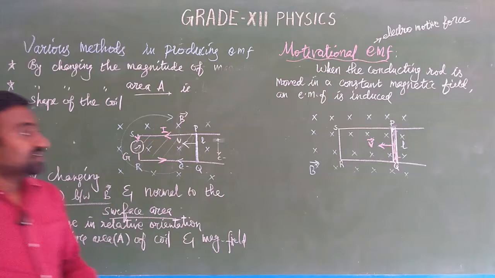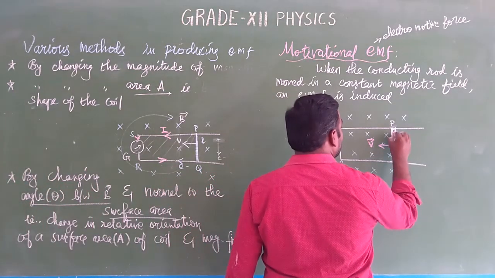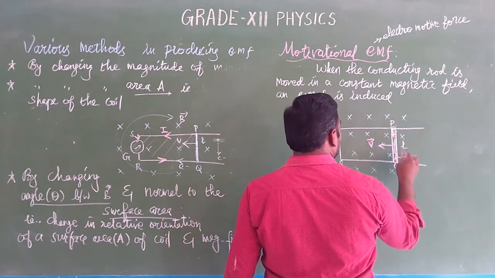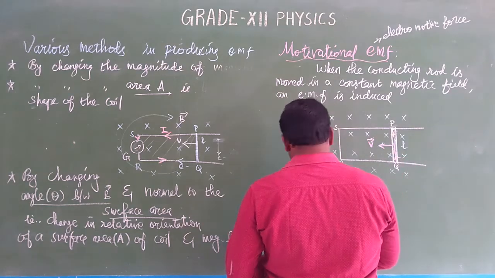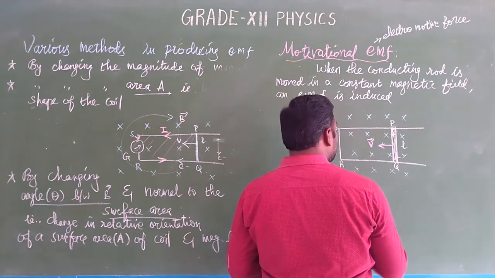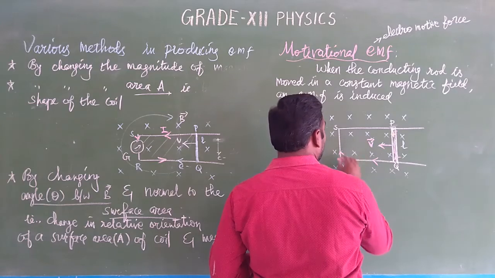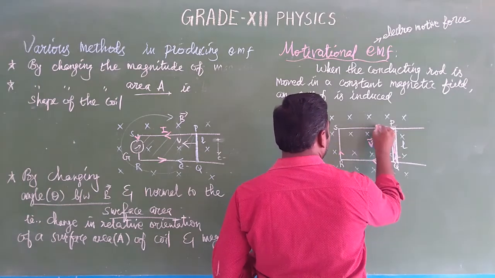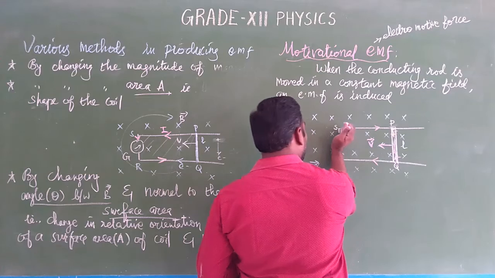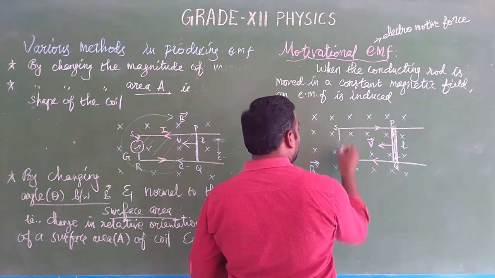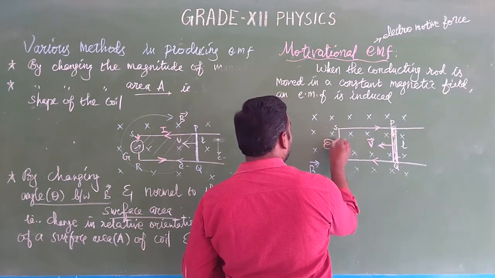What is the charge? Here the positive charge is induced. So the electron direction, that is the induced EMF, is clockwise. So if you have a bulb, the bulb will glow.